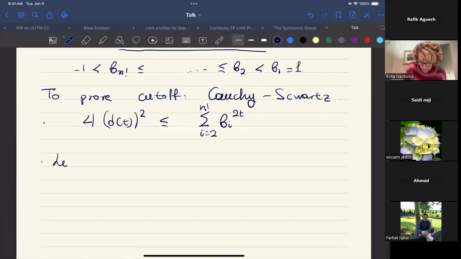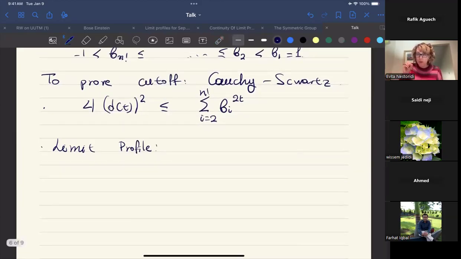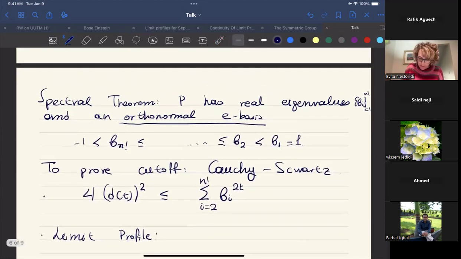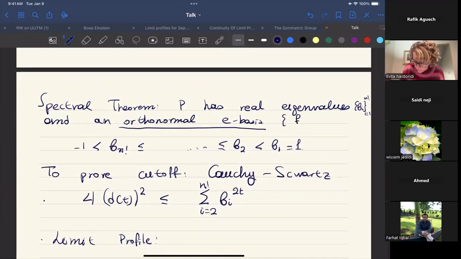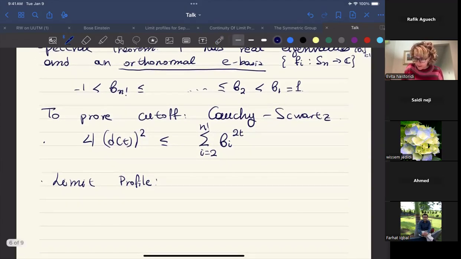But for limit profile, what Teyssier had to do, and again, it's an oversimplification, is Fourier inversion. So doing Fourier inversion, and this is actually where, for once in my talk, I will use the orthonormal basis for a moment. I shouldn't have thrown it under the rug, it seems. Just to write down this formula, the total variation distance, again, we start at the identity, is actually equal to this formula.